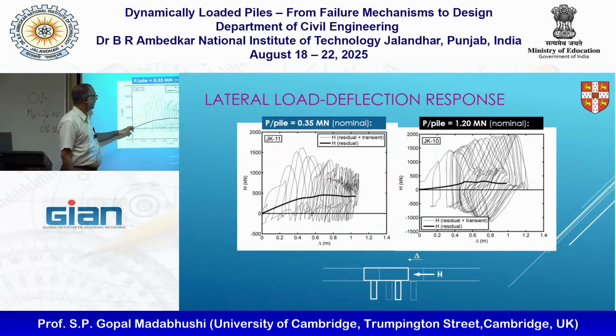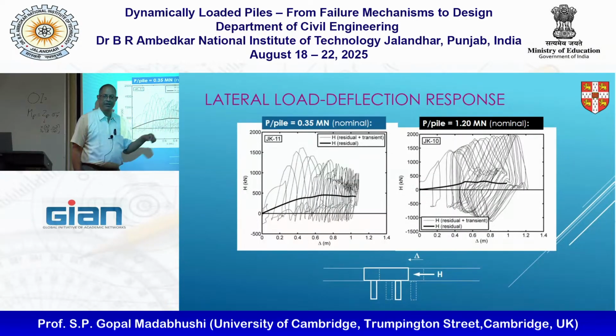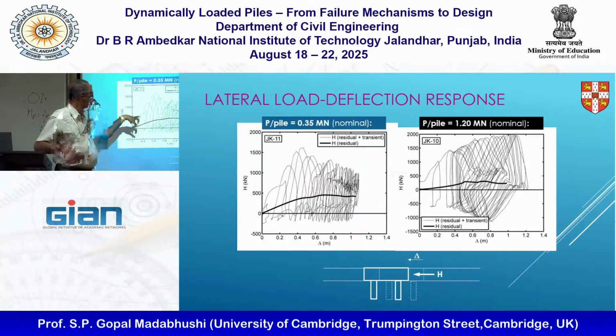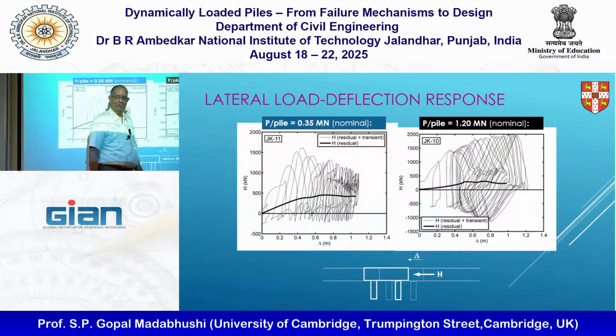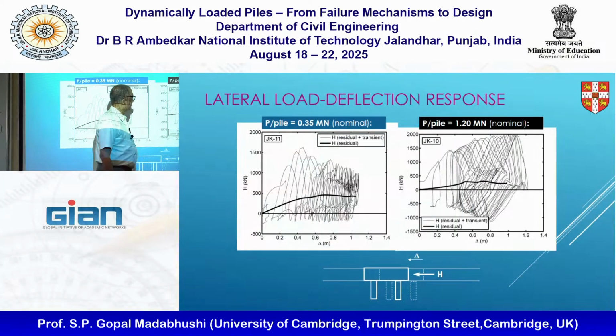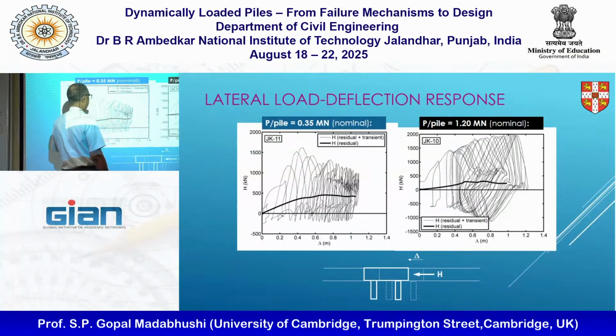But what is the net effect of all this is also marked here, what he calls residual. So this is when we increased the load by a factor of 3 roughly. Here the residual, they're the same axis.